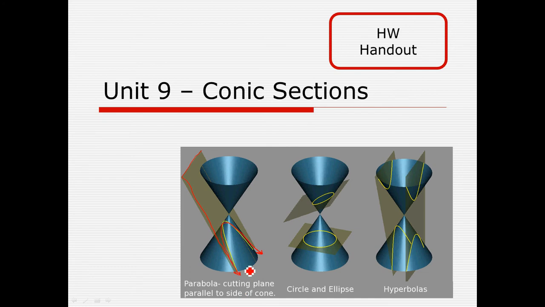That's how you create a parabolic shape, right? The ends are free, they're not bound. And of course you can see you could tilt this plane more and more dramatically to make the parabola change shape.